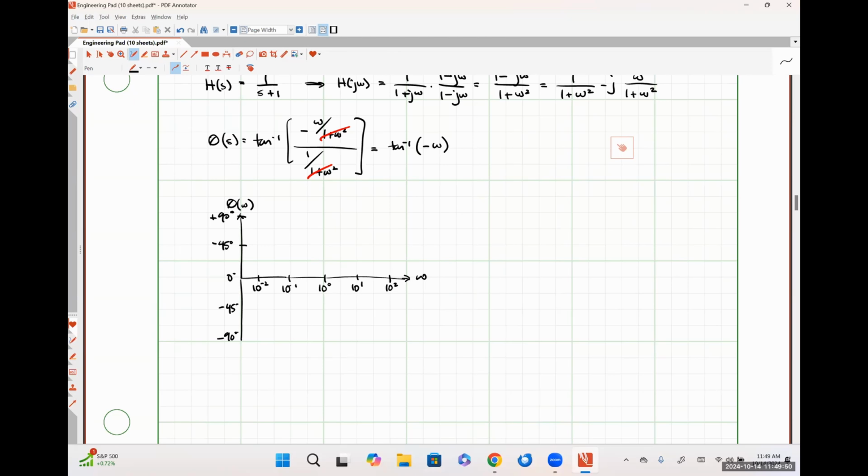So just using my calculator here, inverse tangent of 10 to the minus 2. It's on the side of this, that's actually supposed to be negative 45 degrees on the upper part.